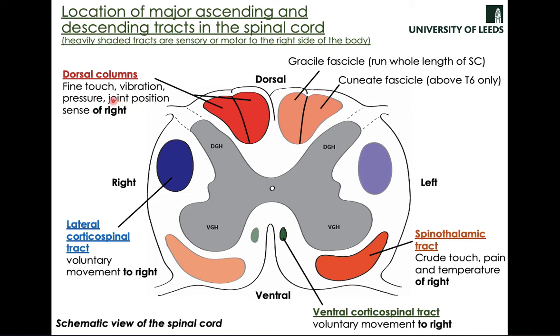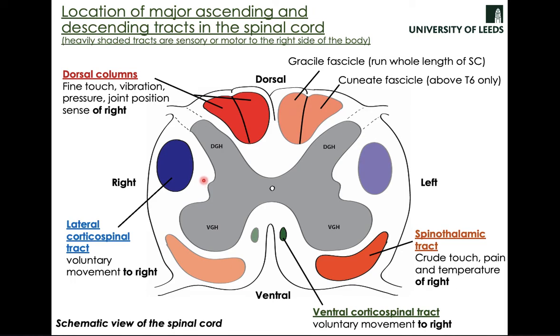Okay, and the term we use to refer to joint position sense is proprioception. This is the sense that tells us where our joints and our limbs are in space. So that information is carried by the dorsal columns.